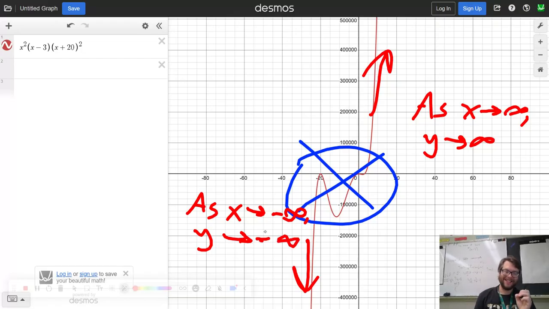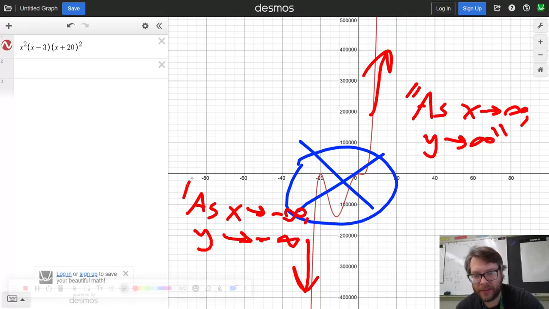So think about how I said that out loud while I was writing it with the math notation. I'll say this one again. As I go to the right, I go up. Then this one in the bottom left. As I go to the left, I go down.